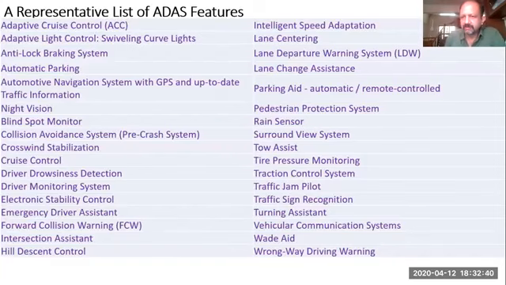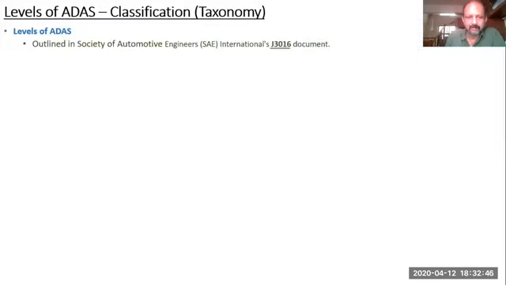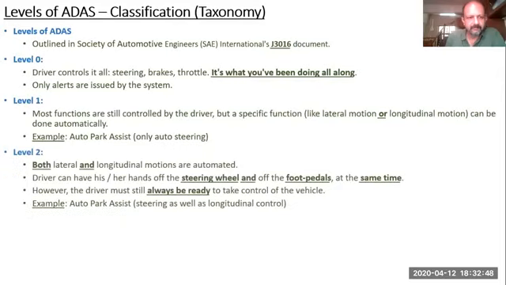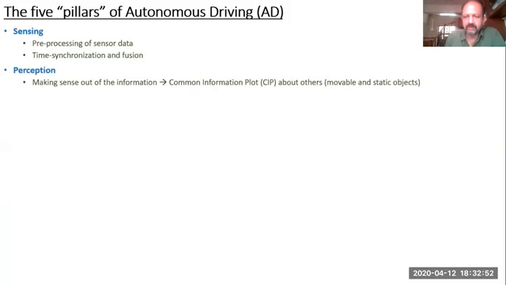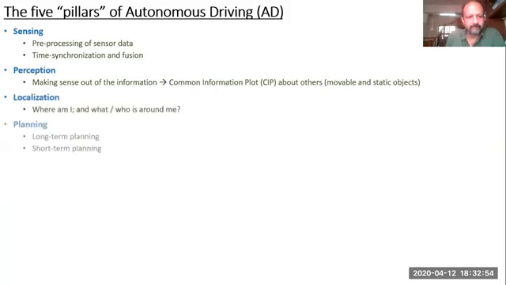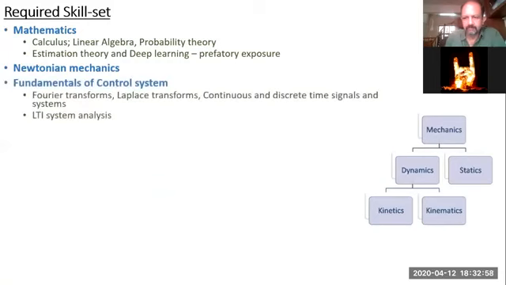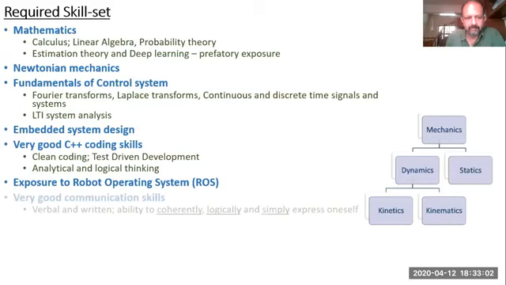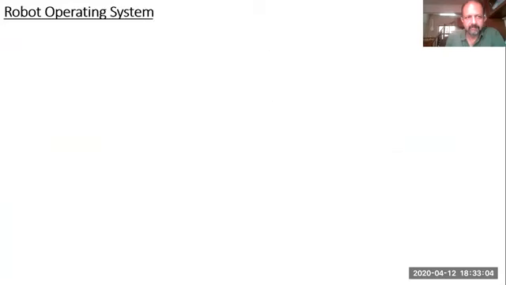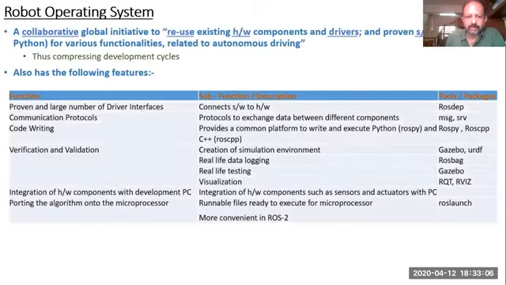A representative list of some ADAS features. The 5 pillars of autonomous driving. What is the Robot Operating System?